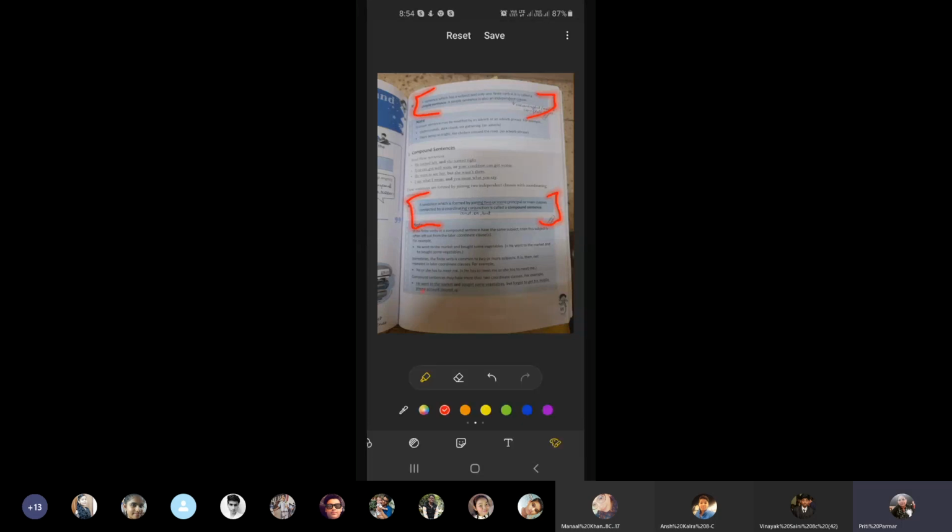Then note, if the finite verbs in a compound sentence have the same subject, then the subject is often left out from the coordinate clauses. Now see, he went to the market and bought some vegetables. It could have been, he went to the market and he bought some vegetables.